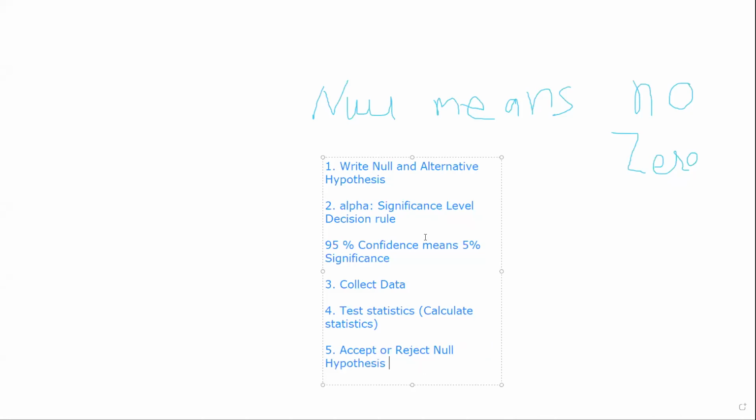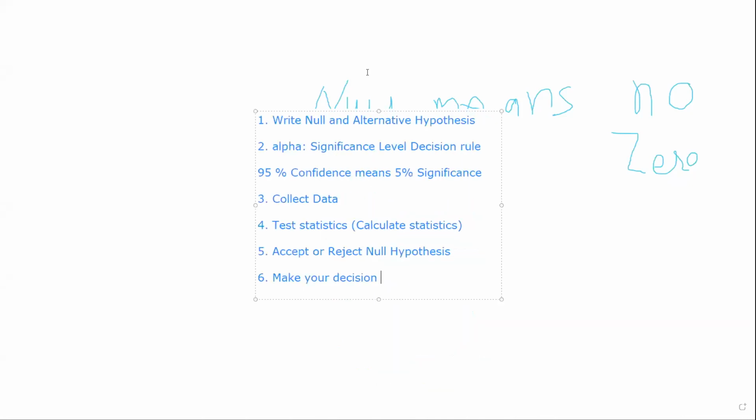And the sixth step is make your decision. So these are the 6 steps normally in any hypothesis testing. But since Minitab is there, it automatically does all these things for us. So basically, this is the traditional way to do this.